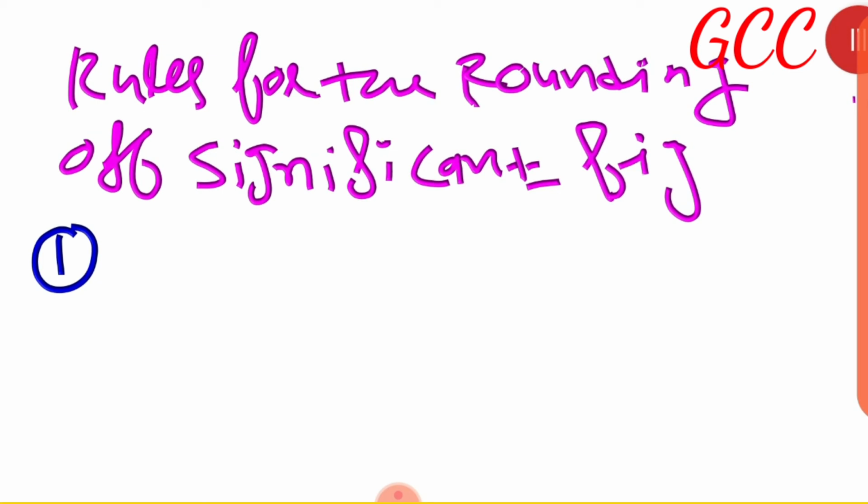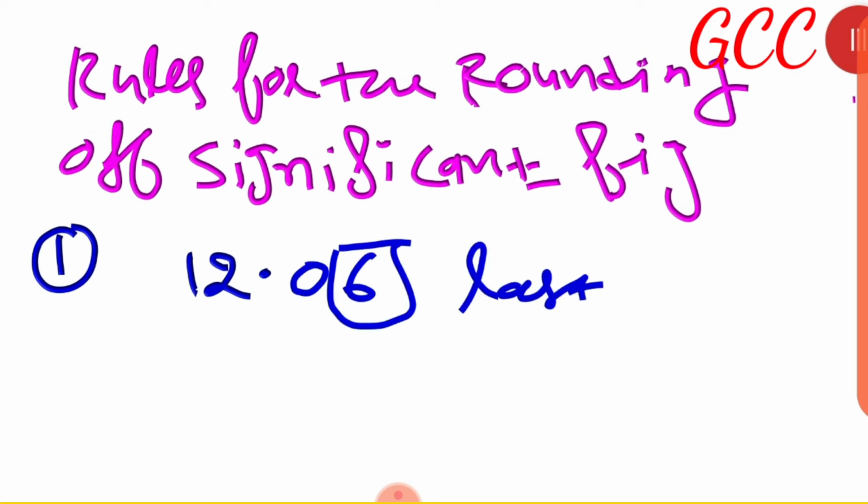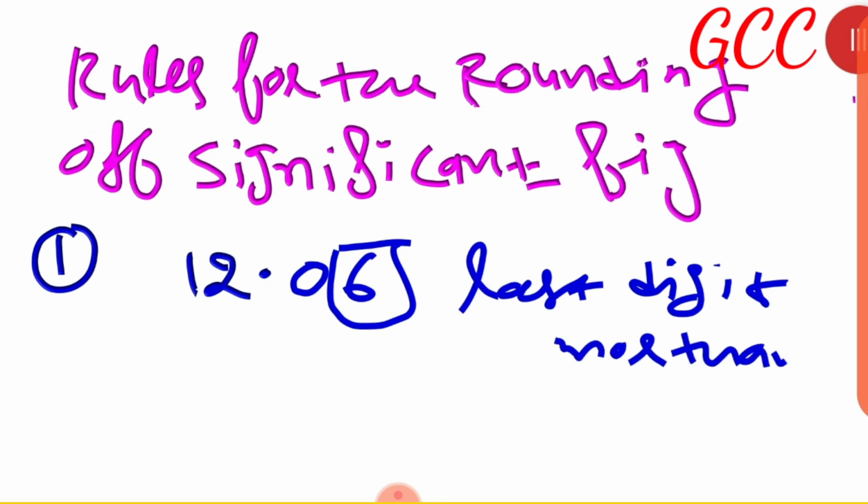Rule number one: if the last digit is more than 5, suppose the first example I am writing there, let it be 12.06. Now here the last digit is more than 5.